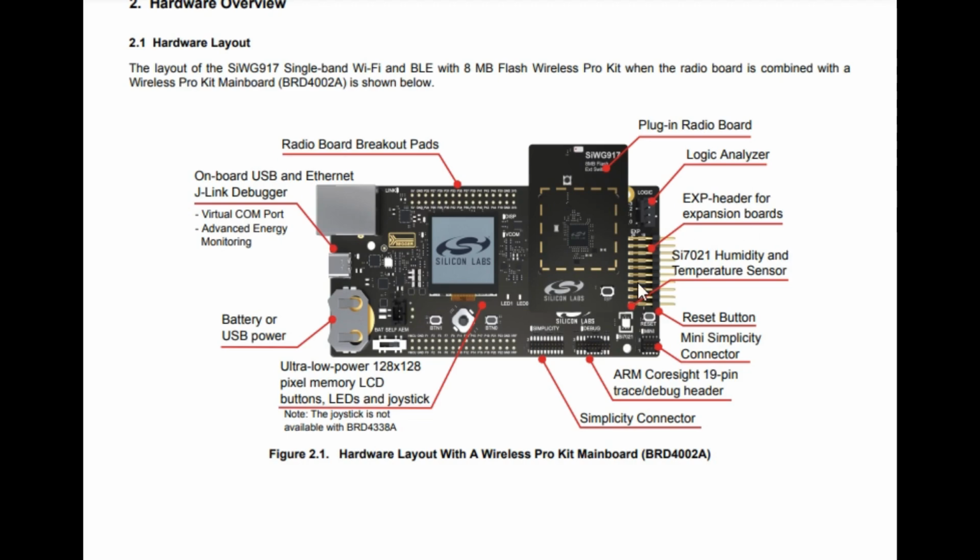Okay, and then apart from this, we have something called expansion header here. Expansion header is something where you can expand the functionality of this particular board or expand the peripheral connectivity of this particular board by connecting another board, and you can have many interfaces, many peripherals on this particular board, and the 917 can interface with it.